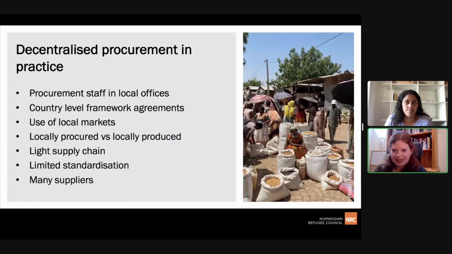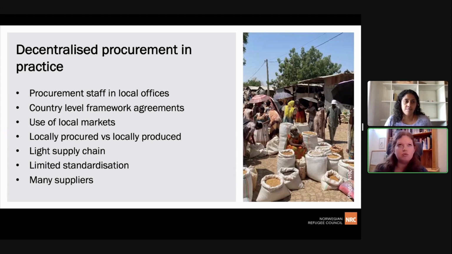What that looks like is that we don't have anyone sitting in our head office in Oslo who is doing procurement for our programs. That simply doesn't exist in our structure.